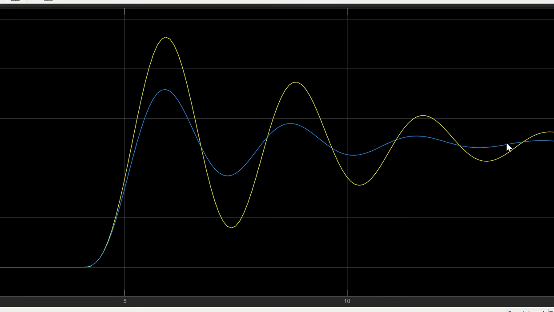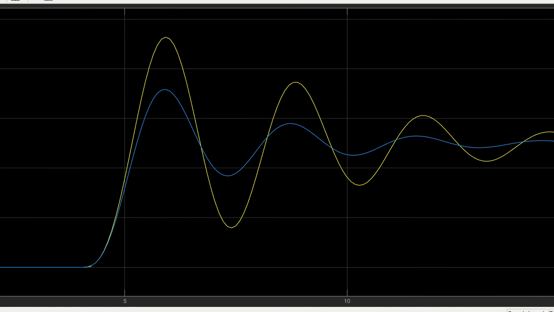Then they're looking more similar in the steady state here. Now, the next thing is you can see the frequency of the yellow signal is a bit lower than the actual signal. This signal here is a slower frequency than this one, because this peak is ahead of this one. So this is a higher frequency than that one. This is a low frequency, this is a higher frequency.